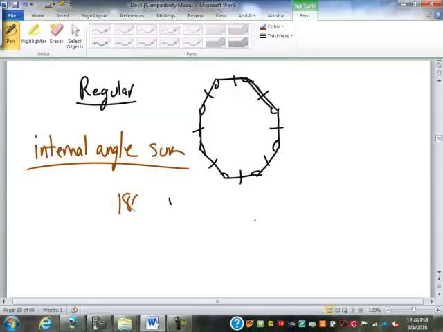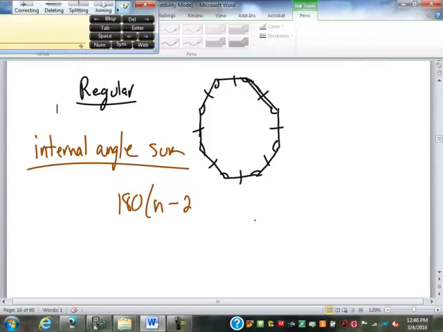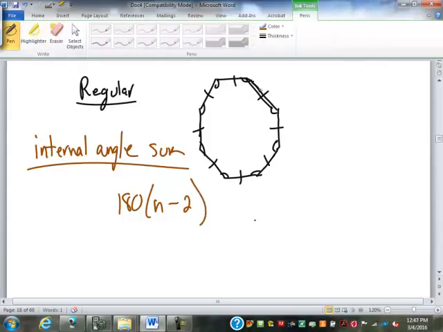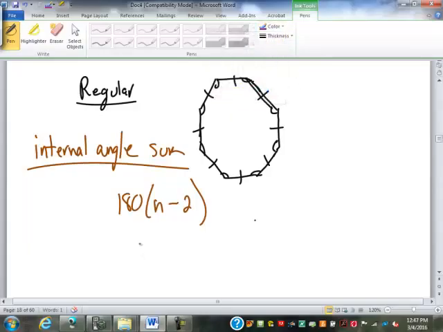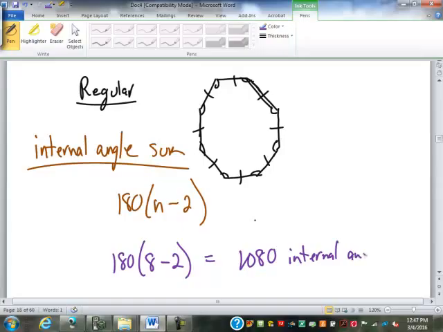Or we just did 180 times (n minus 2) was the shortcut. Well, this is a regular octagon, so n is how much here? 8. There are 8 sides, 8 angles. So (8 minus 2) times 180. That's 6 times 180, or 1,080 degrees, is the internal angle sum. These angles here have to add up to 1,080 degrees.